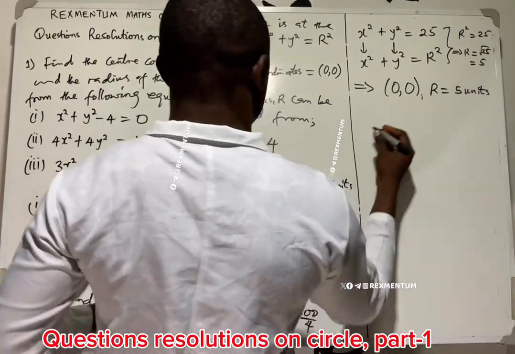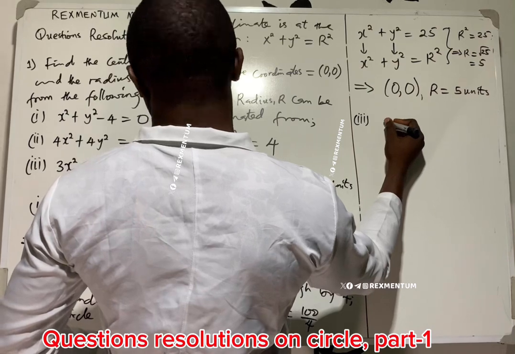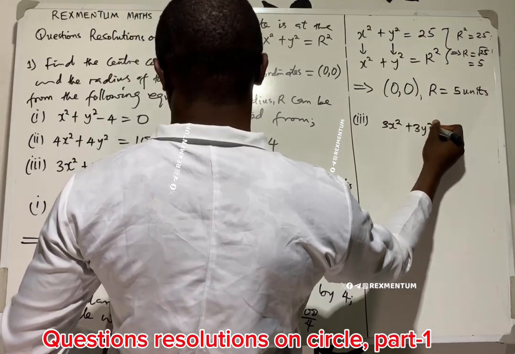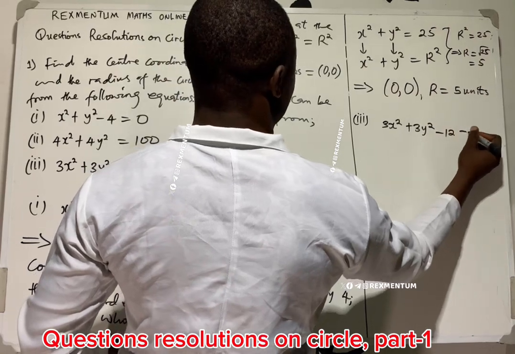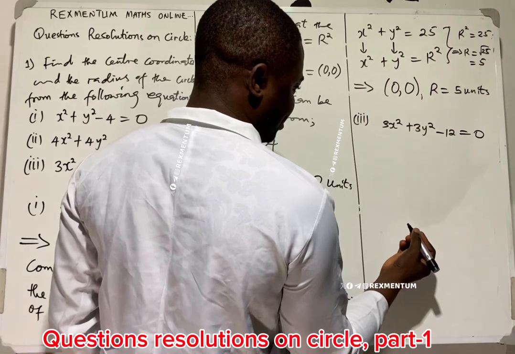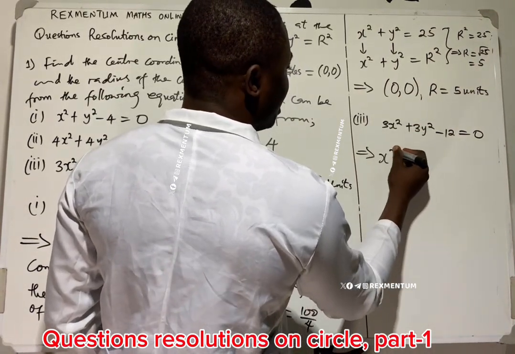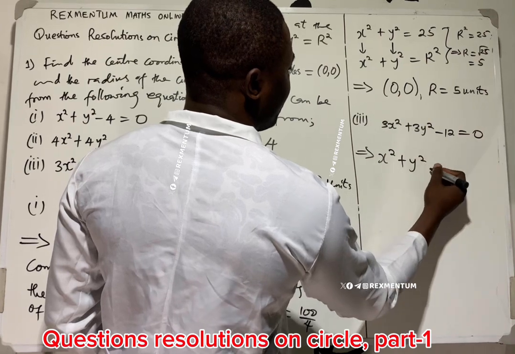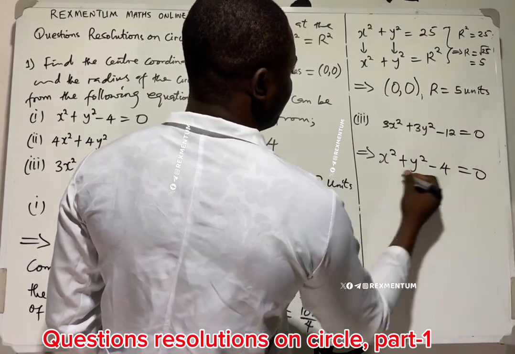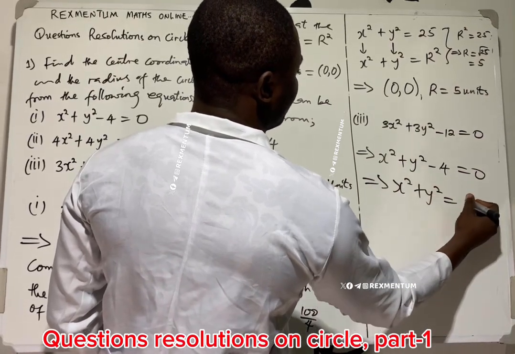And the last question, number 3, we have 3x squared plus 3y squared minus 12 equal to 0. The same thing is applicable. Divide through by 3 first. So you are going to have x squared plus y squared minus 4 equal to 0, which implies x squared plus y squared equal to 4.